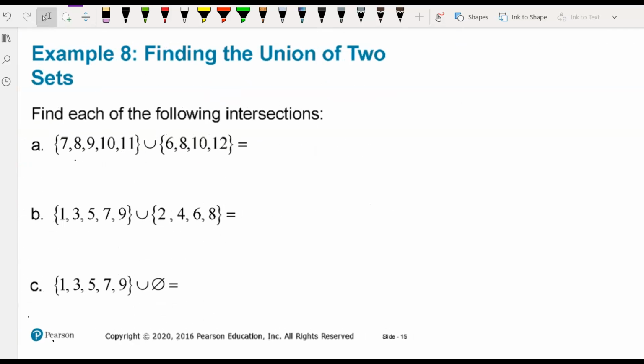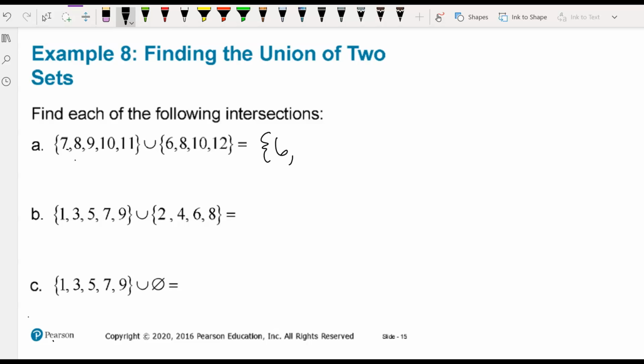So we have 7, 8, 9, 10, 11, and 6, 8, 10, 12. We want to list all of our numbers, and we want to list everything in both sets. We don't have a 6 in both sets, but it's in one set, so we include it.